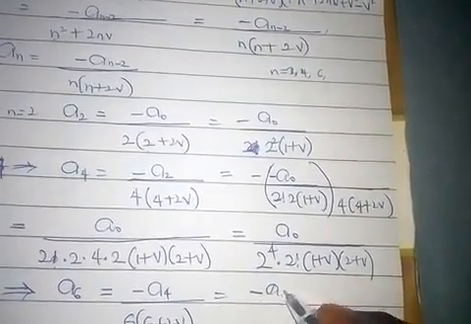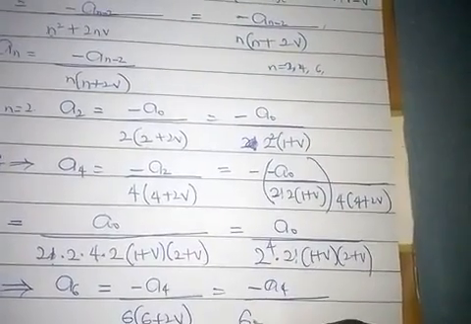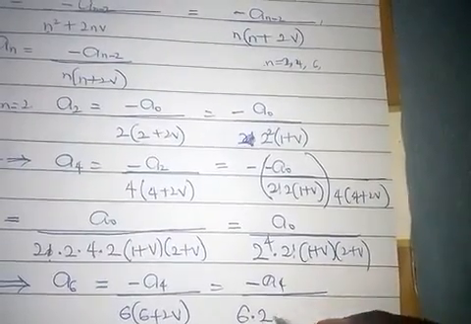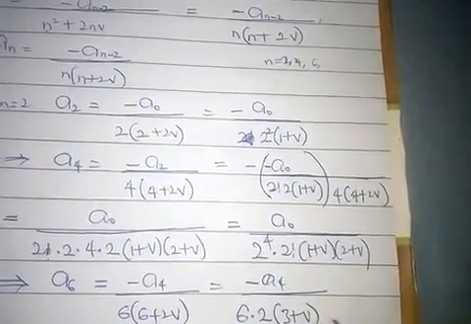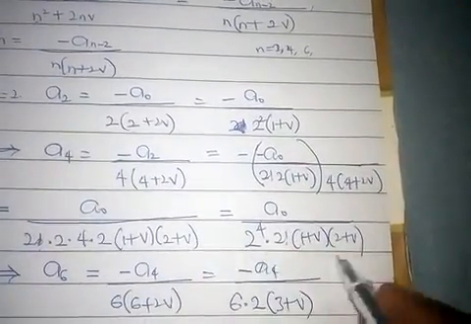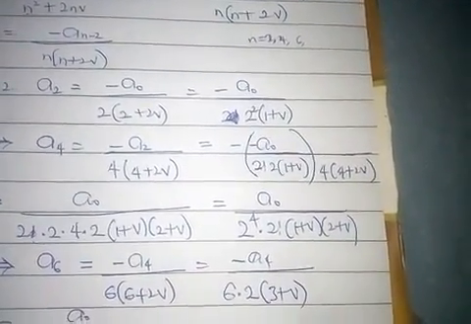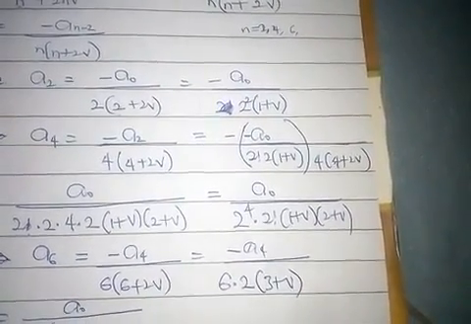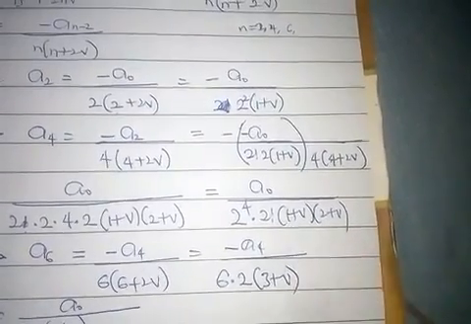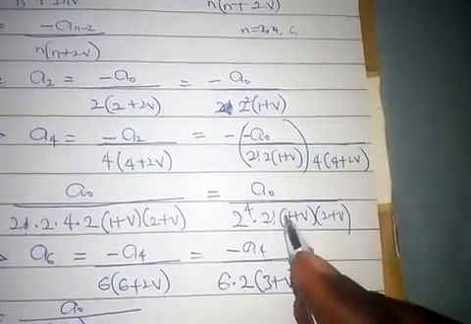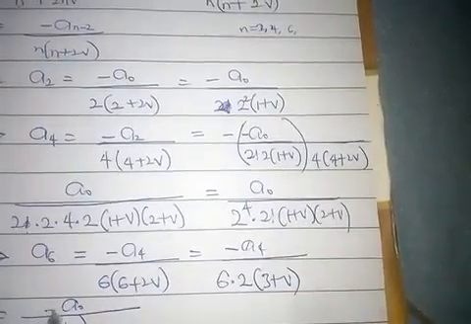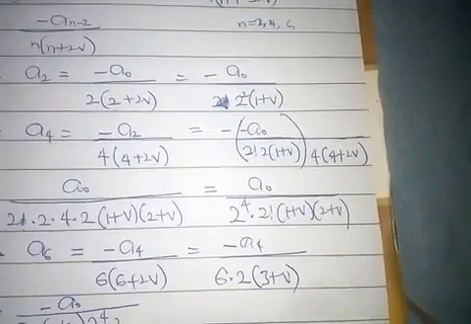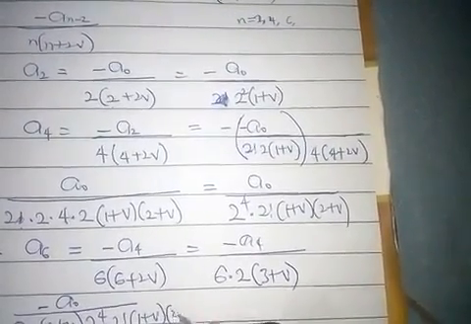This one is minus a_4, 6 times 2 is common, 2 into (3 + v), and a_4 is this, which is a_0 all over 6 times 2, (3 + v). Then these are the things here, 2 raised to the power of 4, 2 factorial, (1 + v), (2 + v).